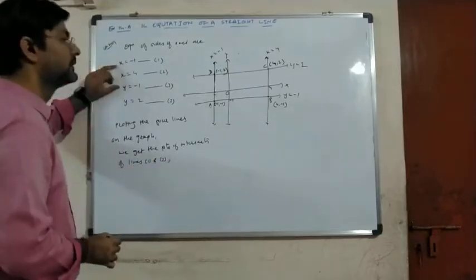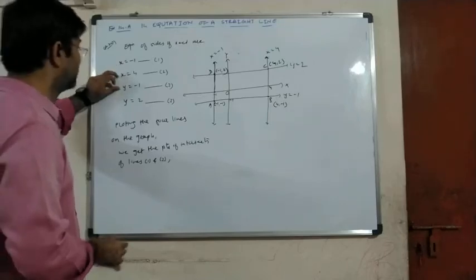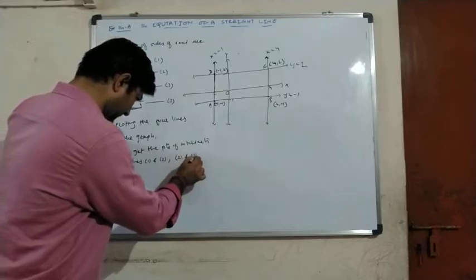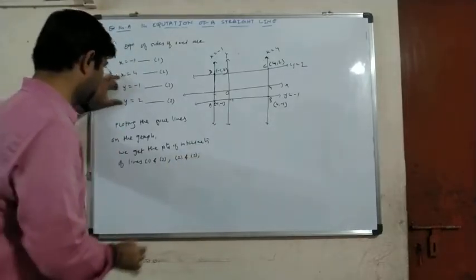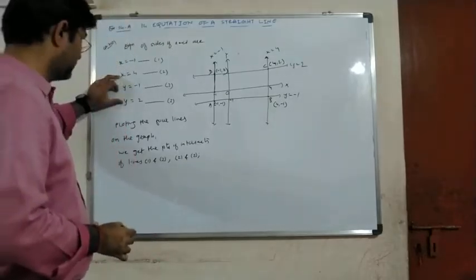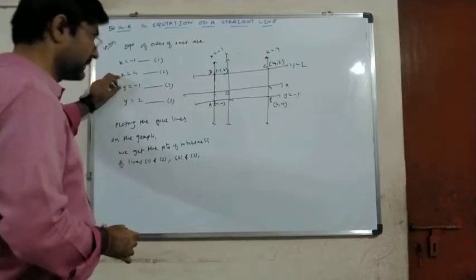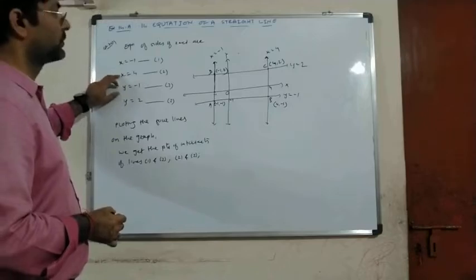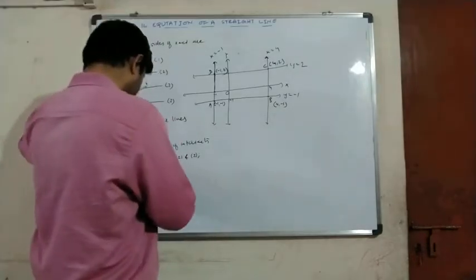Then B is x is equal to 4, y is equal to -1, lines 2 and 3. Then the third one is x is equal to 4, y is equal to 2, lines 2 and 4. Okay, so 1 and 3.